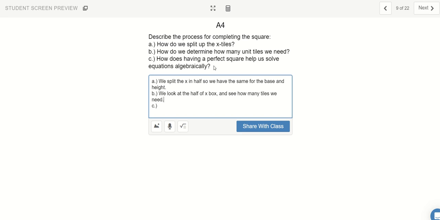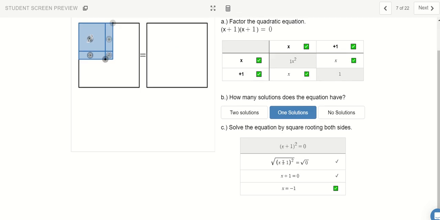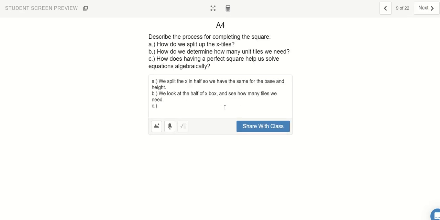And why do we like to have a perfect square? Having a perfect square is really helpful because it's really easy to square root both sides and solve for x. And we're going to do that when one side's a perfect square.